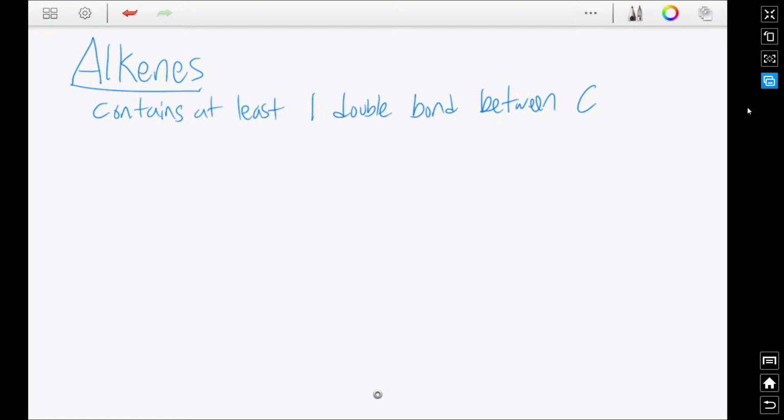So the very simplest alkene would be an ethene, because it would be a C double bonded to a C, like that. That is the very simplest, and we call it an ethene.